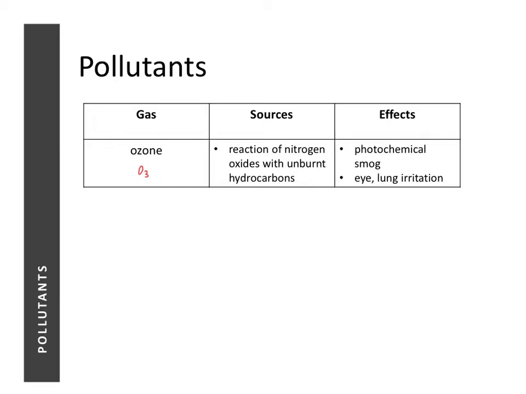What this haze causes would be eye and lung irritation. So as mentioned, for the last three gases that we just saw, we only need to know the source. We don't have to really memorize the effects, and they are less tested compared to the first three pollutant gases.